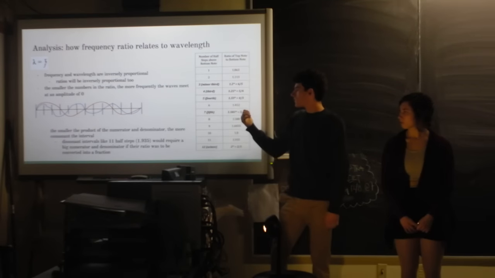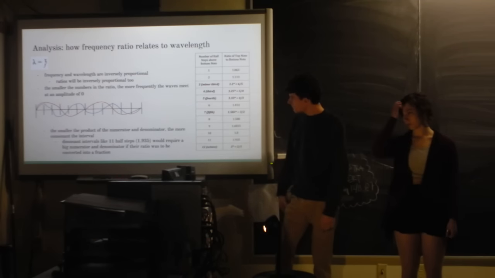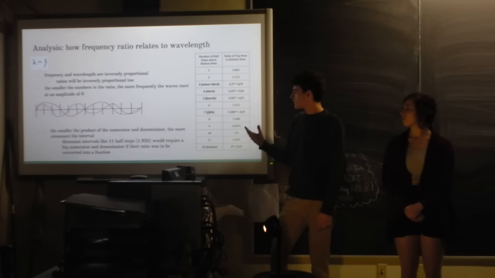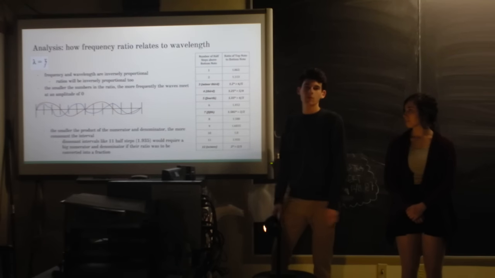And to get that number, you would multiply the top by the bottom, which is like the least common multiple of the two numbers. So we thought that the simpler the ratio, with the smallest numbers, the smaller the least common multiple.